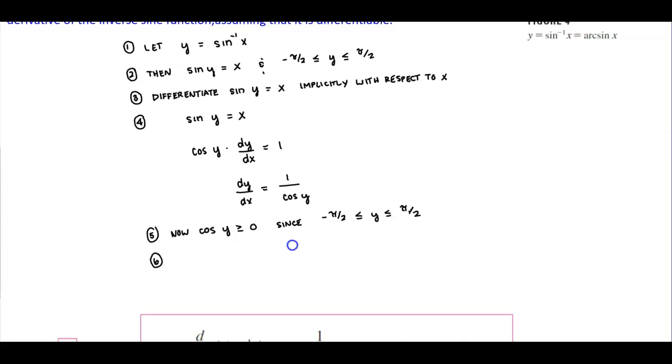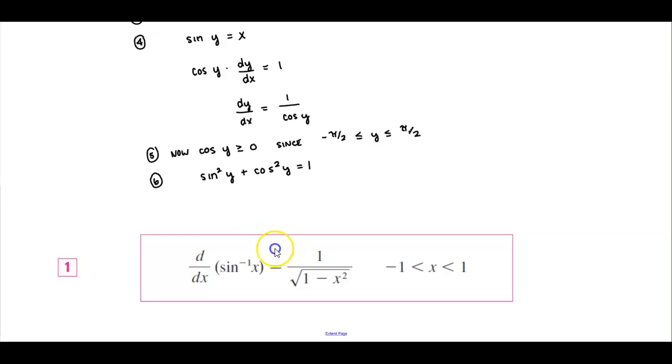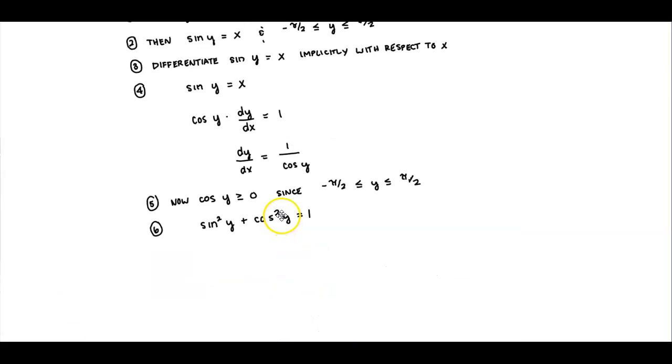Well, when we take a look at the sine squared y plus cosine squared y, and that's equal to 1, we want to solve for the cosine of y.